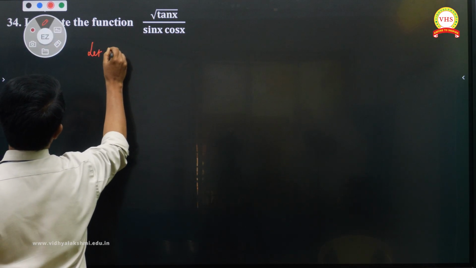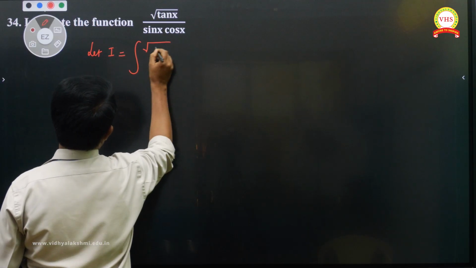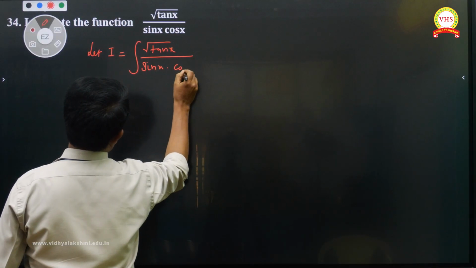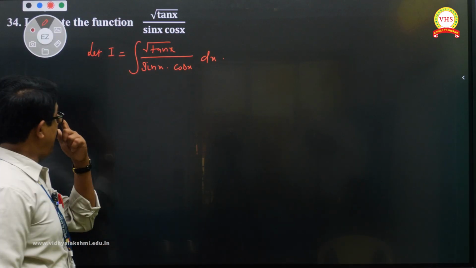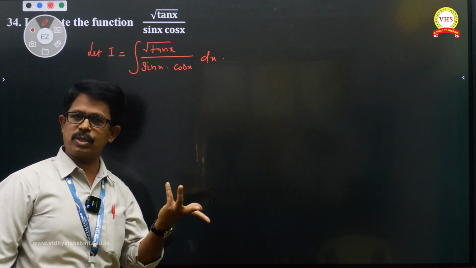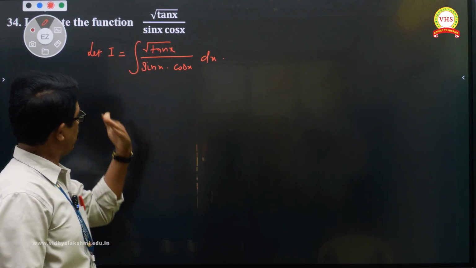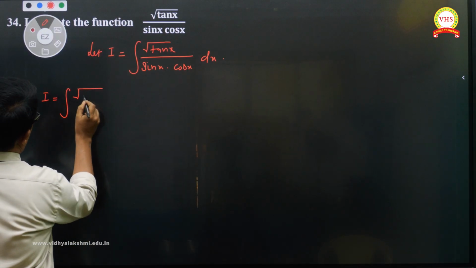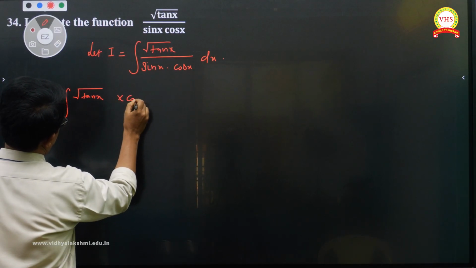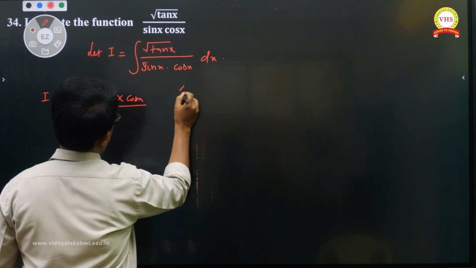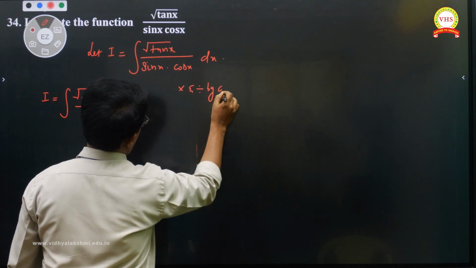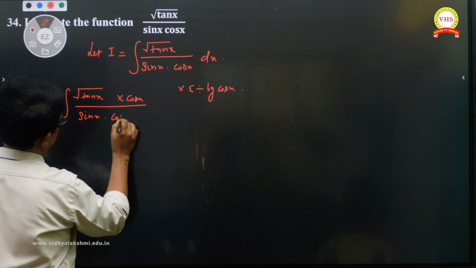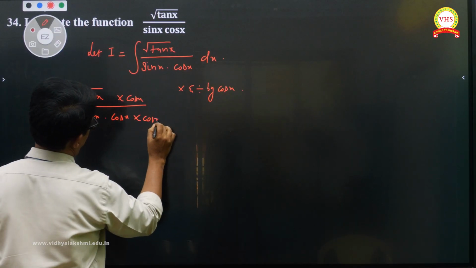Let I equal to integral square root of tan x divided by sin x into cos x dx. Here the numerator has tan x, and the denominator has no secant x, only cos x. Whatever it is, we are going to adjust. I equal to integral square root of tan x into cos x, multiply and divide by cos x, then sin x into cos x already existing into cos x dx.